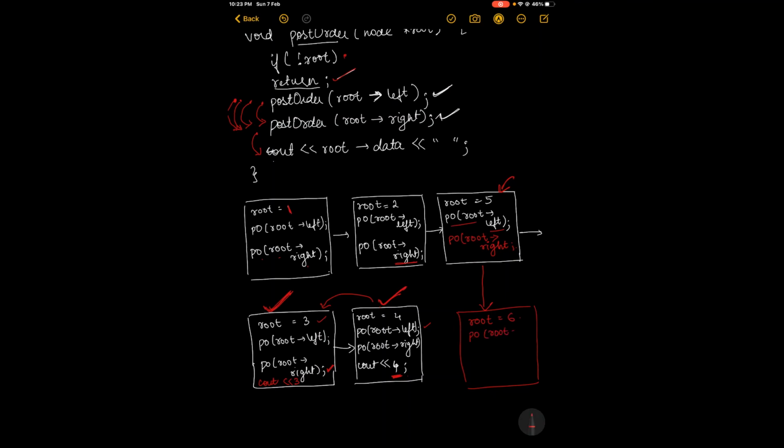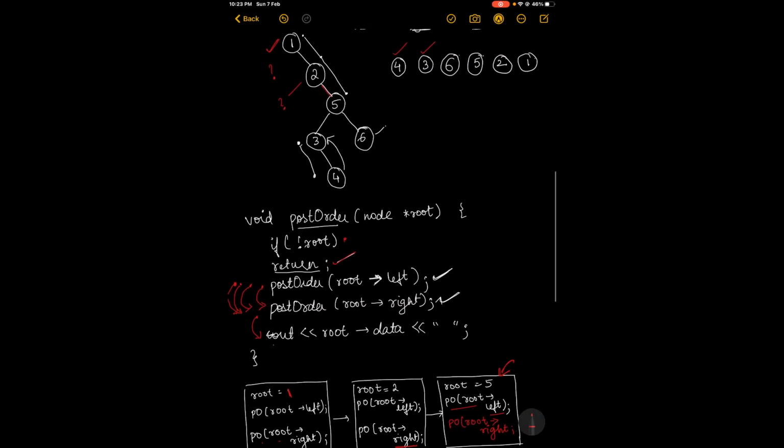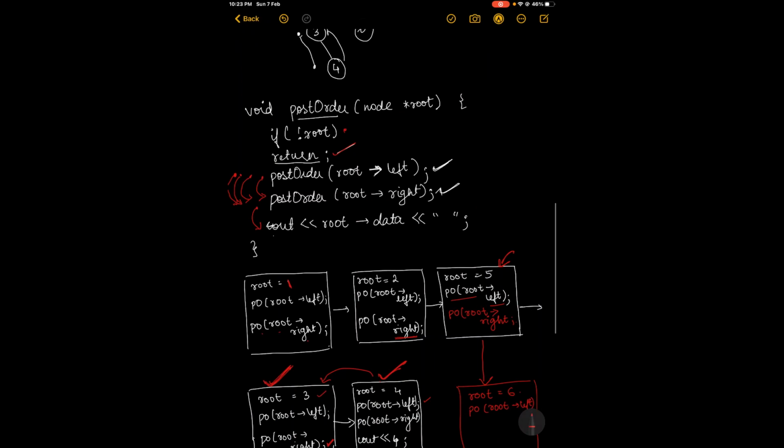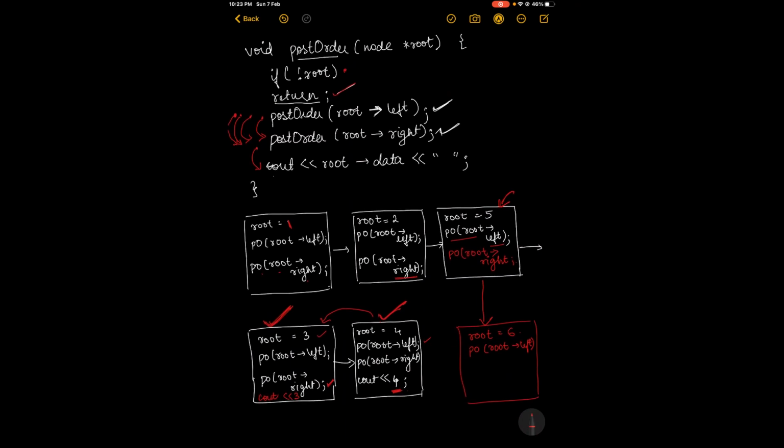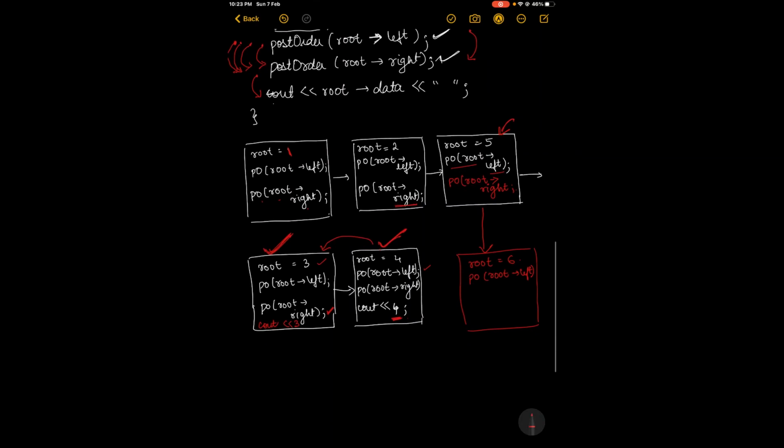Again, post order root left. So as you can see, 6 does not have any children and it will return to the calling function again. Here the statement says return. The same step follows and it will go to the post order root right, which is also null.